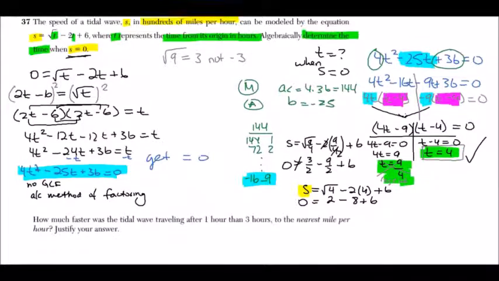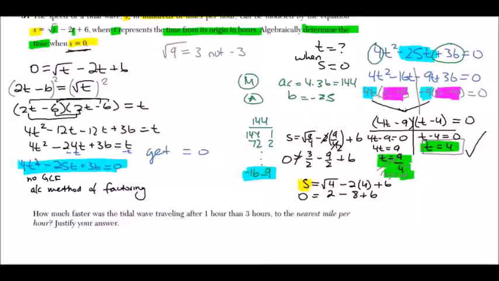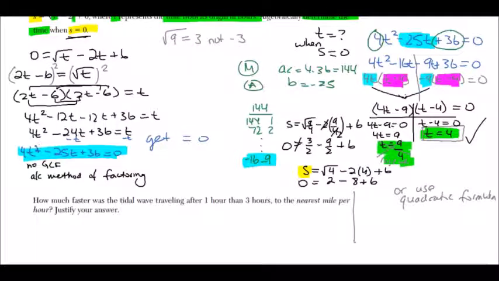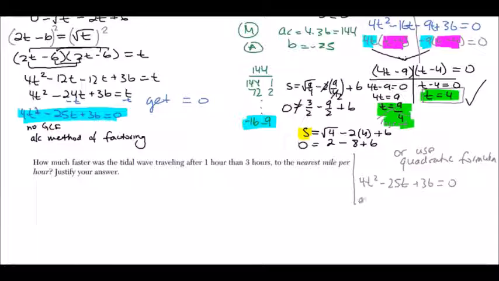Now, you can also use the quadratic formula if you do not want to factor this. Draw a little bit of a line here. Going back to this equation, 4t squared minus 25t plus 36 is equal to 0. Your a is 4.